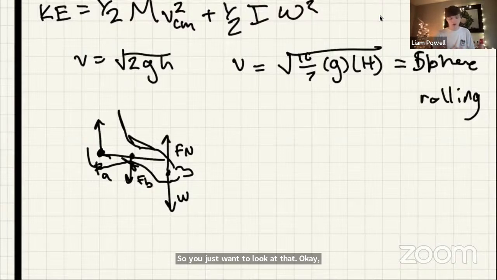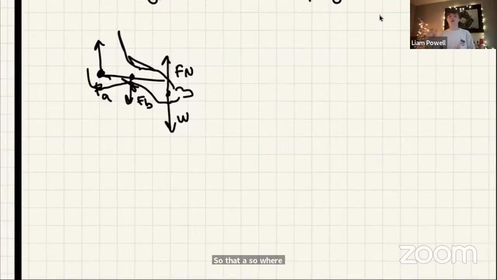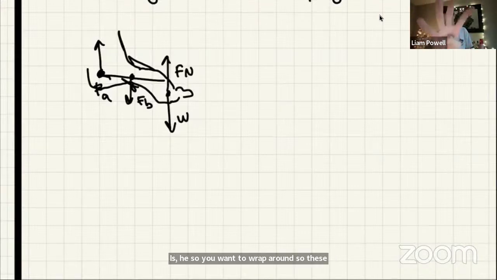So the right-hand rule. You also want to remember the right-hand rule when you're going over something. So you want to wrap the 4 fingers on top around the omega.